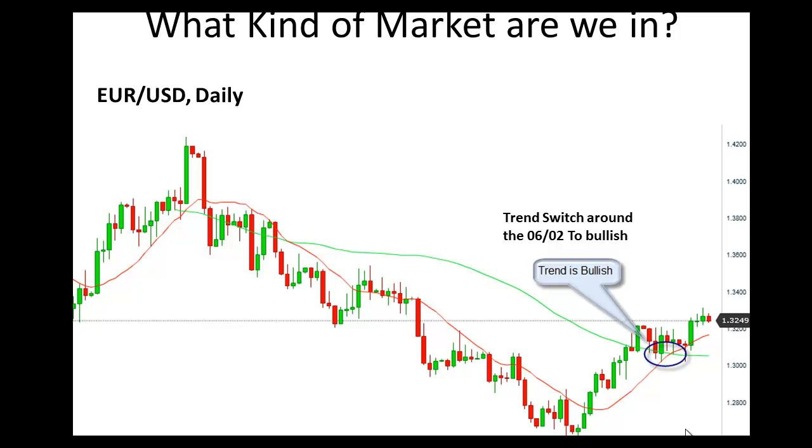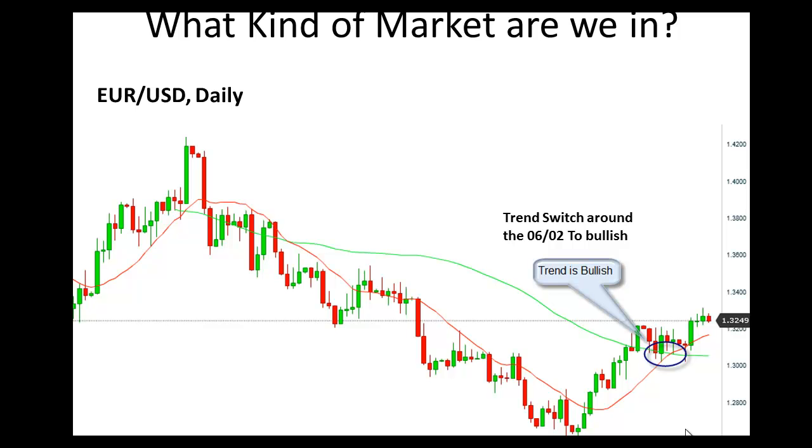Basically, what we're looking at here is the euro dollar, which is, of course, as you probably know, a major indicator of market sentiment. Through this pair, we'll understand if we are in a trend or in a range market. What we see here is something very simple yet very helpful.